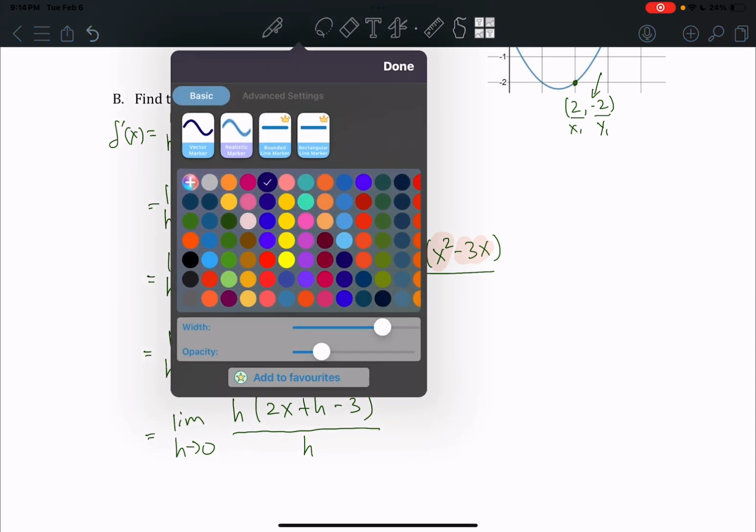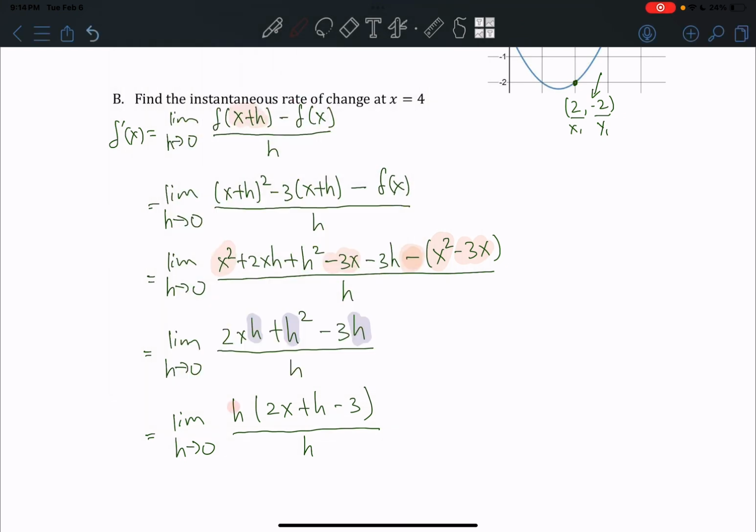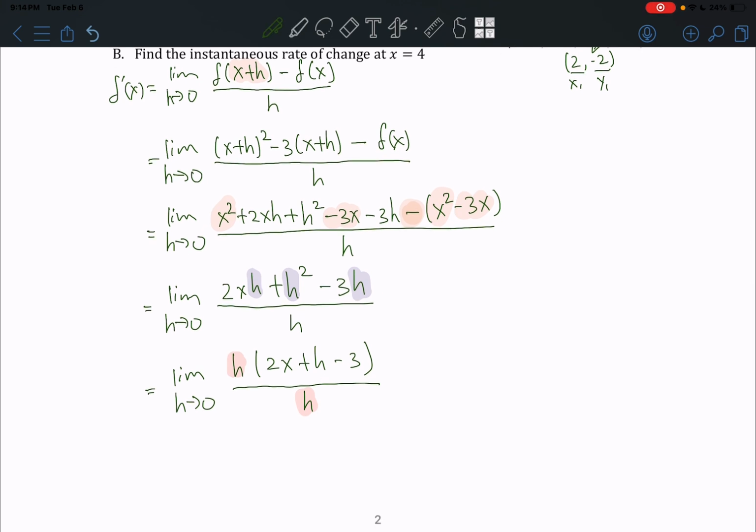And now we can definitely see that the h is going to cancel out, so we've got h divided by h, right? This is where our limit taking techniques really kick in. When we think about plugging in h, we get 0 over 0. So we're trying to simplify the expression. Now that I canceled h, I've got the limit as h approaches 0 of 2x plus h minus 3.